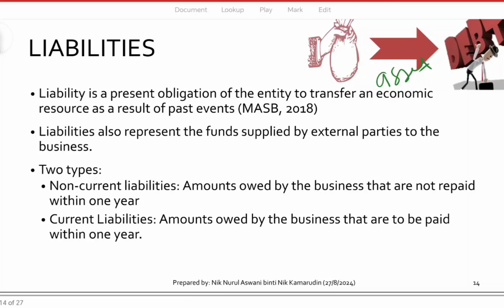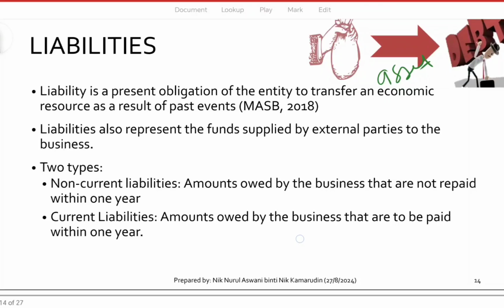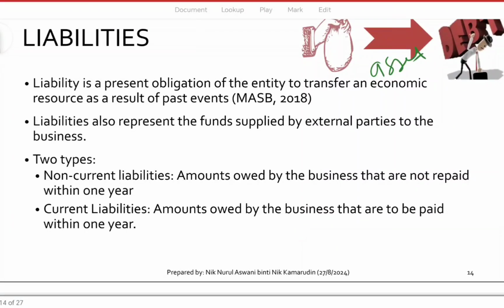There are two types of liabilities. Number one is the non-current liabilities and the other one is the current liabilities. How do they differ from one another? They differ by the period of repayment. If it is to be paid within 1 year, then it falls under current liabilities.